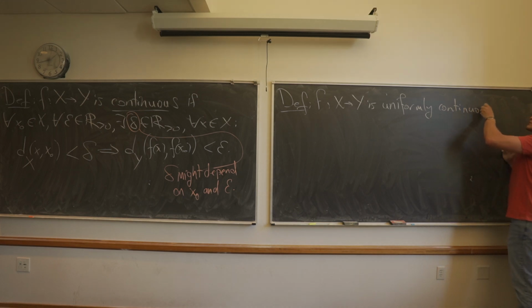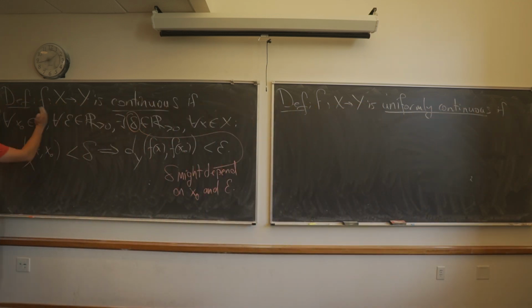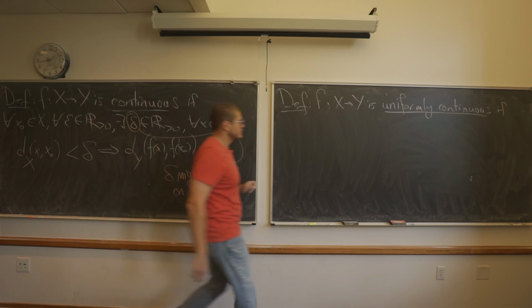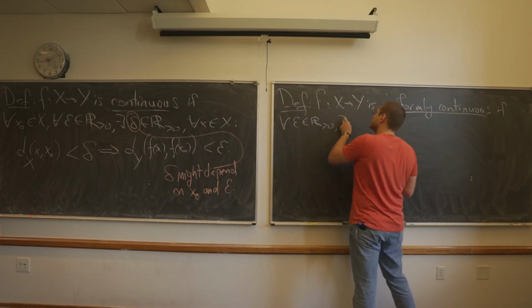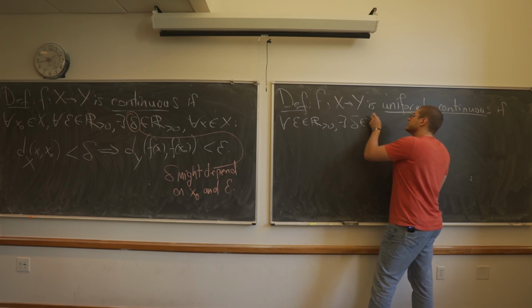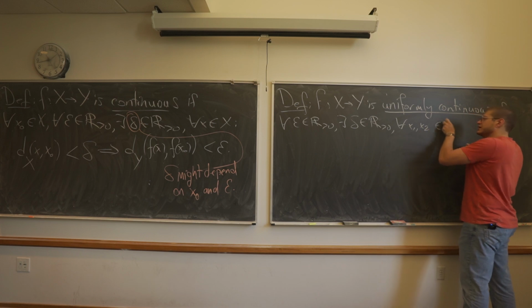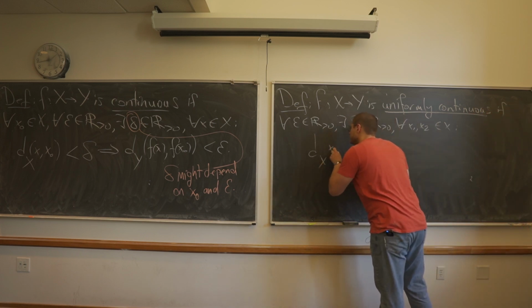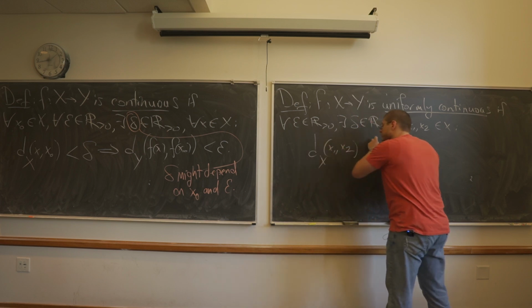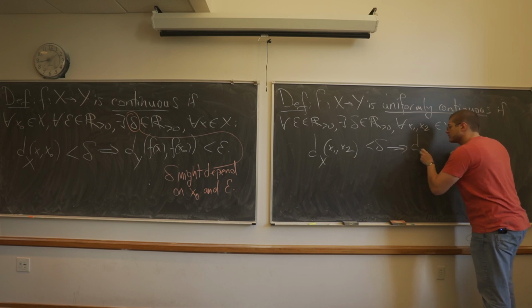F is uniformly continuous if, you see, I'm literally going to write the same thing, except that I'm cutting this here and putting it over there. For any epsilon, there's a delta such that for any x1 and x2 in X, if x1 and x2 are delta close, then their images are epsilon close.